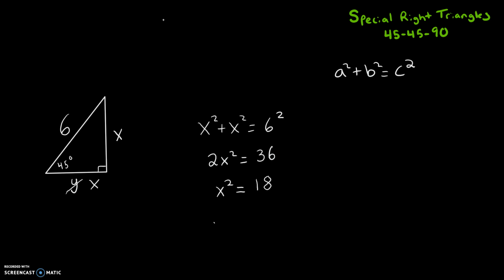Take the square root of both sides, and we will get x is equal to the square root of 18. That is the same as the square root of 9 times 2. So x is going to be equal to 3 square roots of 2.